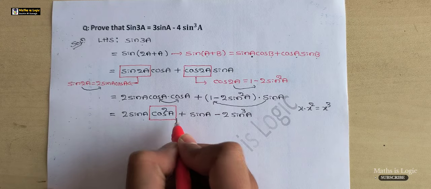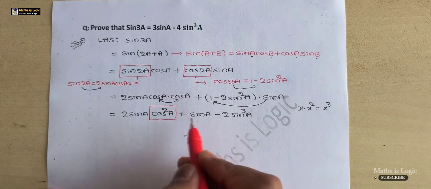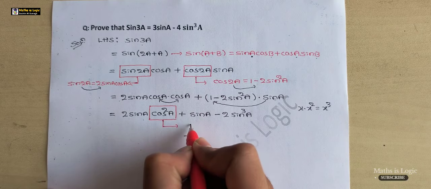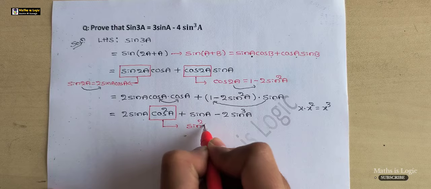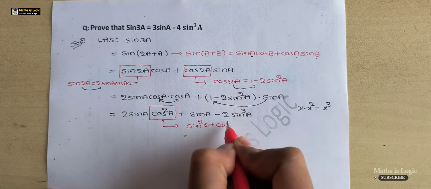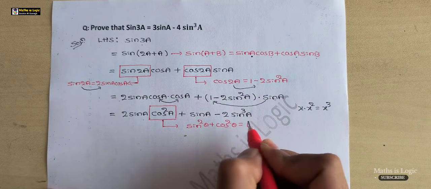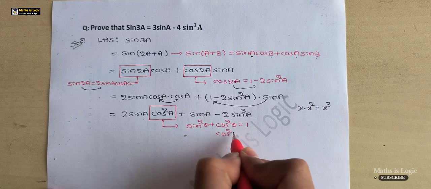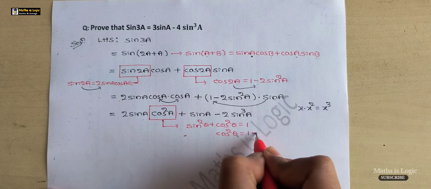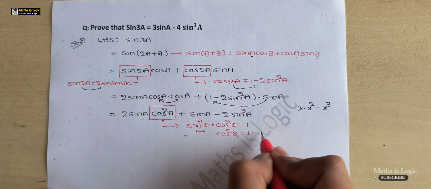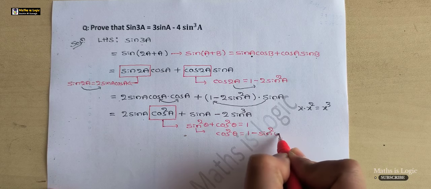Next, this cos we need to replace by sine. Therefore, apply the trigonometric identity: sine square theta plus cos square theta is equal to 1. Here cos square theta is equal to 1 minus sine square theta.